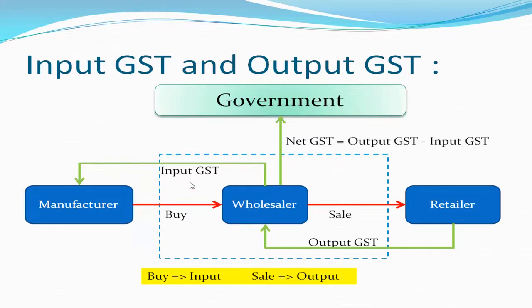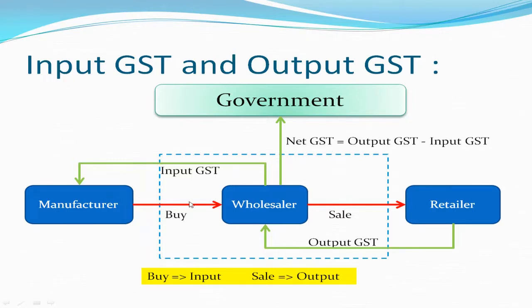Because the product is the same. The wholesaler is buying from the manufacturer and selling it to the retailer. So while buying, if the wholesaler has paid GST, that GST the wholesaler is allowed to deduct from the output GST which he has collected. This is called net GST, right?